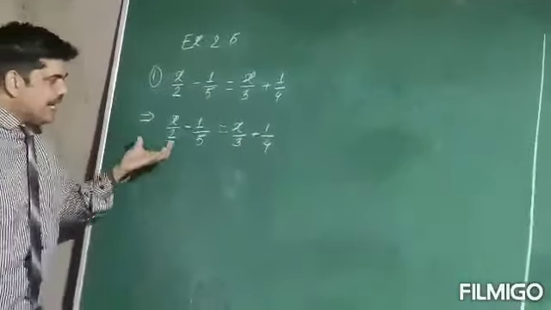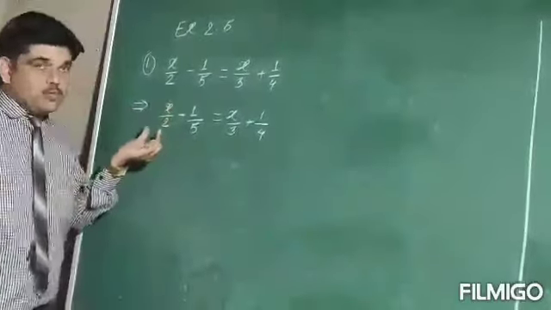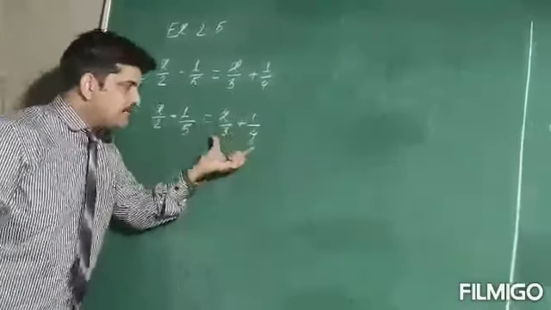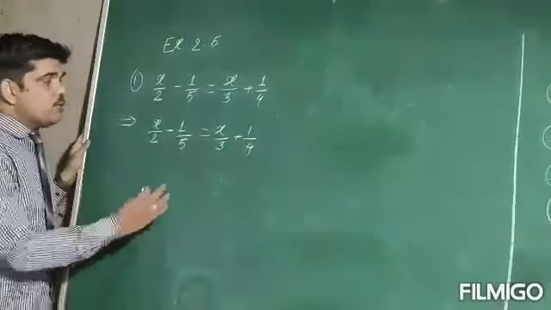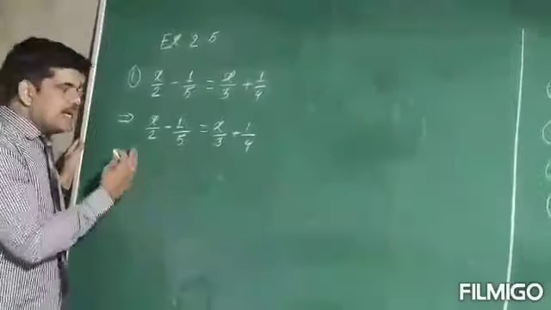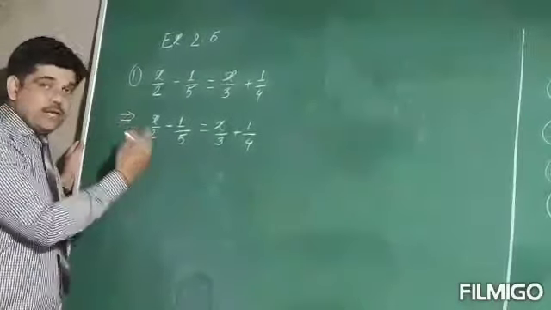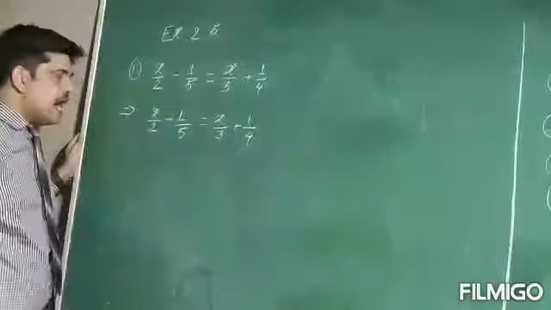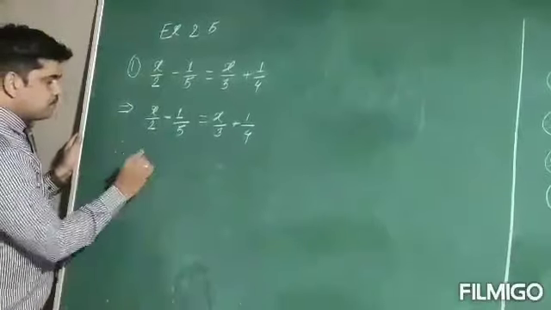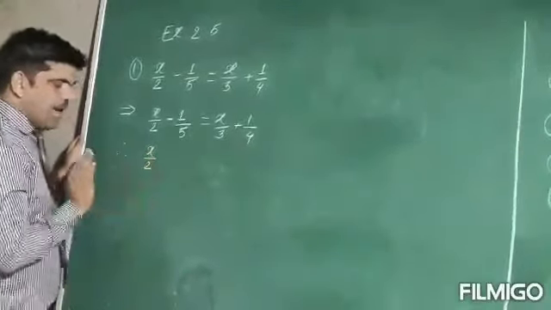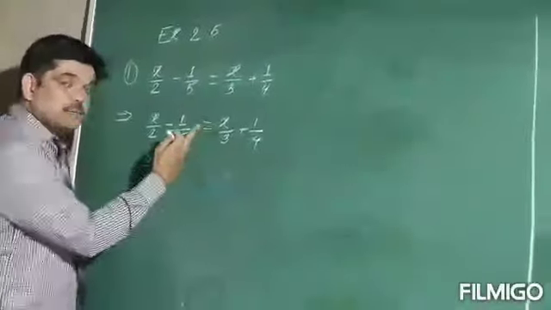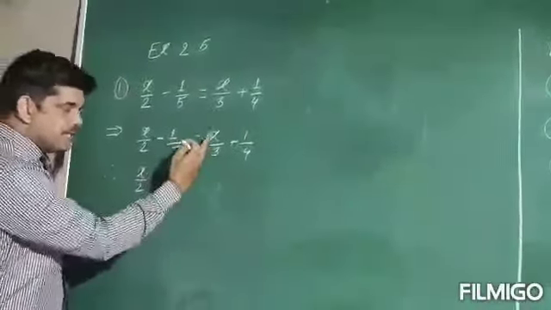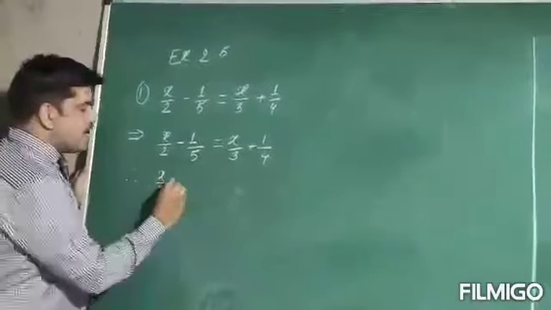If you observe, in LHS the x term is there, means the variable is there, and in RHS also the x term is there. So what we'll do, first we'll collect the like terms in LHS, and those that don't have the variable will shift into the RHS. So x upon 2 as it is in LHS. Now in RHS x upon 3 is positive, so from RHS to LHS it will be negative.